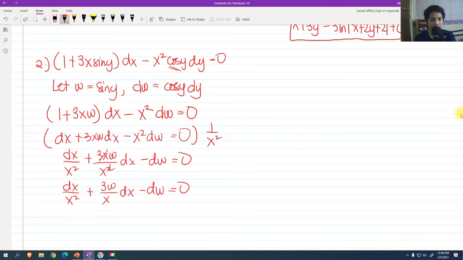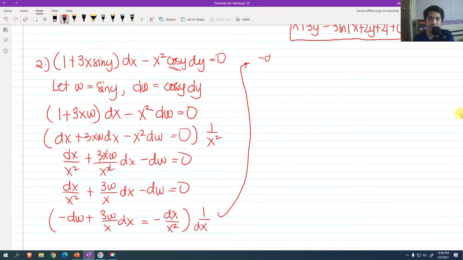If I rearrange this, we have negative dw plus 3w all over x dx equals negative dx all over x squared. I can still divide both sides by dx, so that I have a dw/dx here.